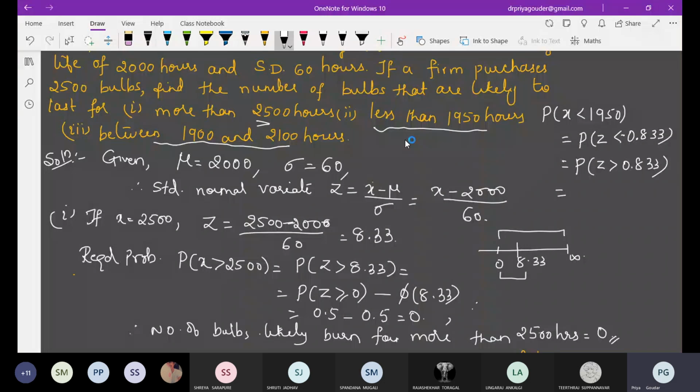If it is Z greater than 0.833, what do you get? 0.5 minus phi of 0.833. Correct? Take the calculator and find out phi of the value. Your mode should be in stat mode.